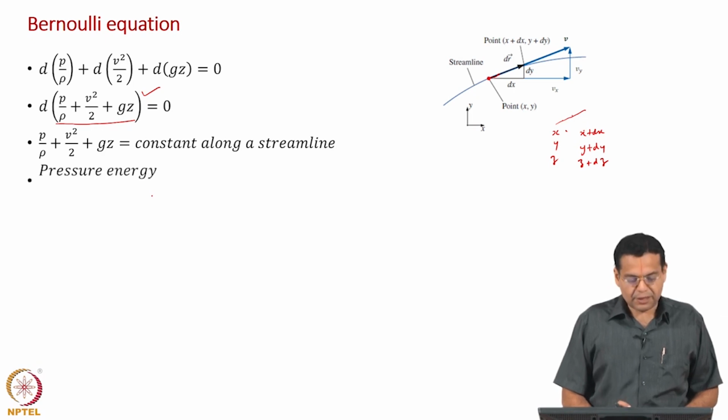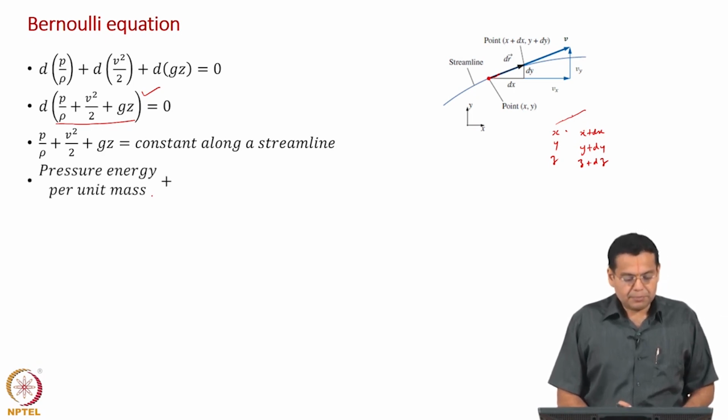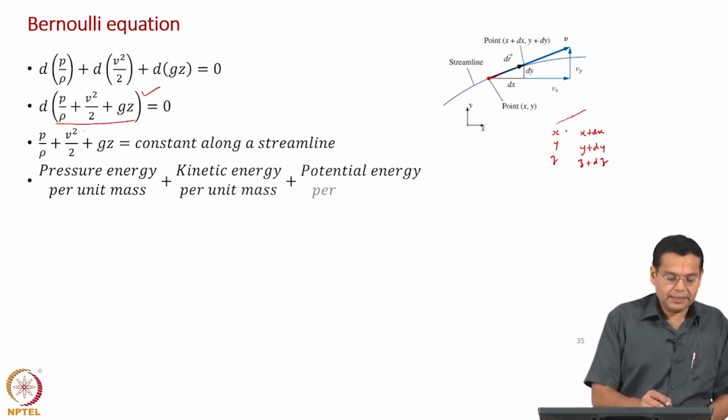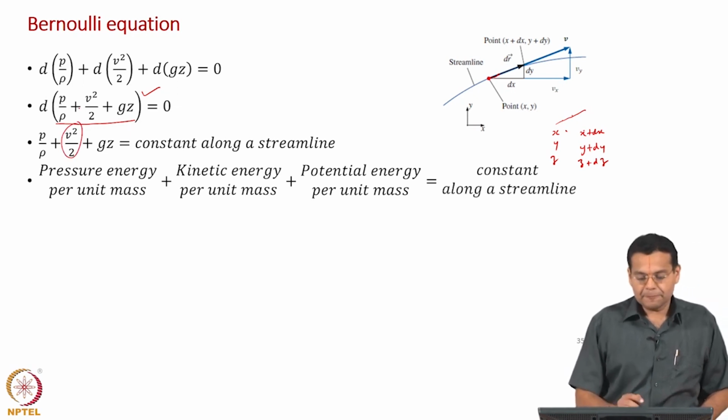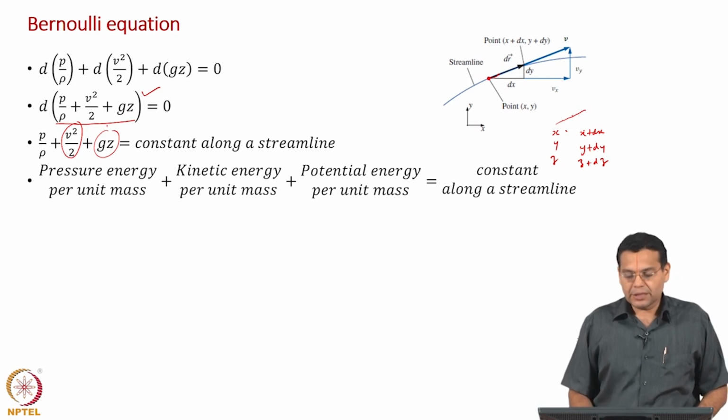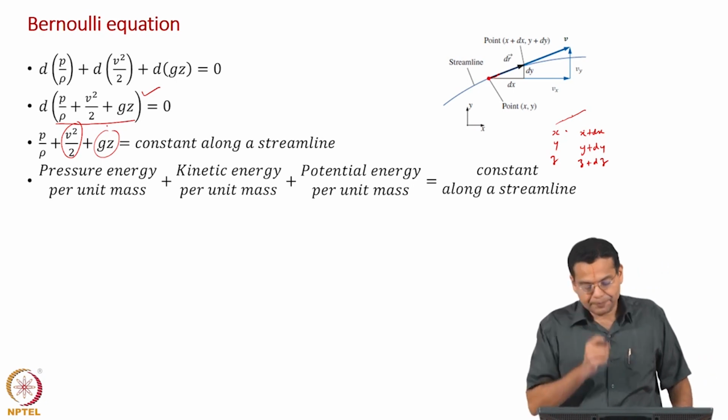Those terms should be familiar to you. The first term is pressure energy per unit mass, and the second term is kinetic energy per unit mass, very familiar to us. The third term is the potential energy per unit mass, and the sum is equal to a constant along a streamline. What is this pressure energy?